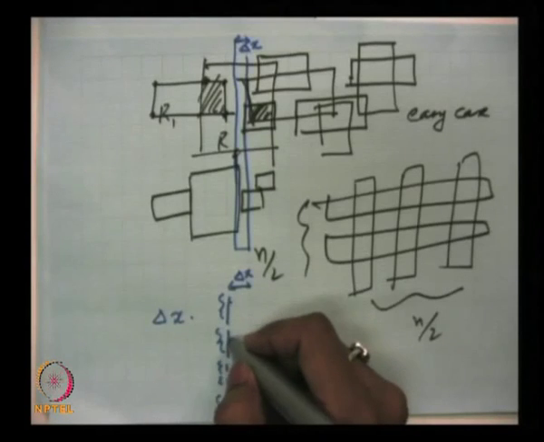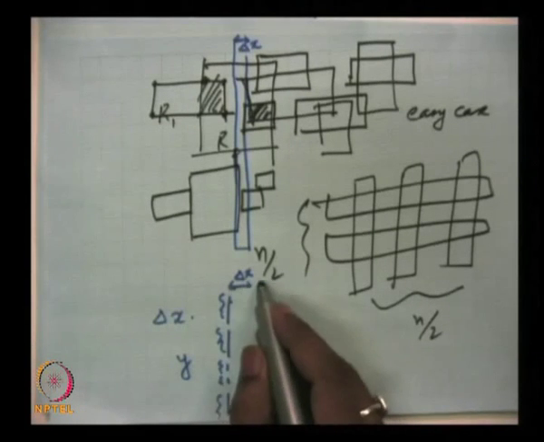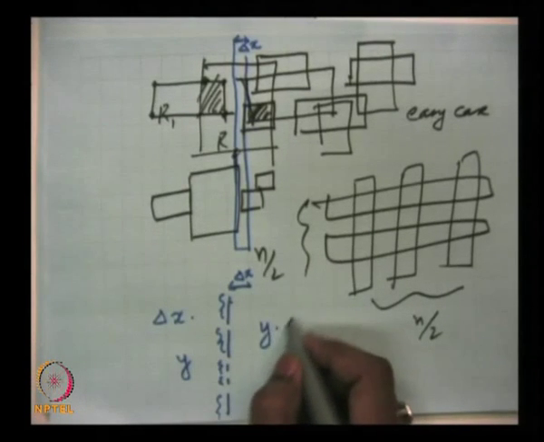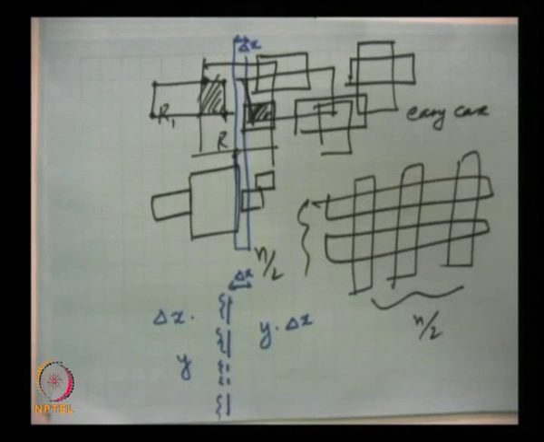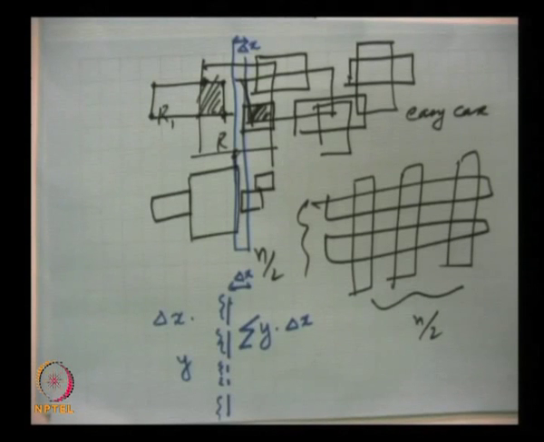So if we know the total measure of what is being swept across, suppose that is y, then the area swept when we move by delta x is y times delta x, and then the area is nothing but the summation of this whole thing. But suppose your delta x precludes the whole thing. Then we can't apply.